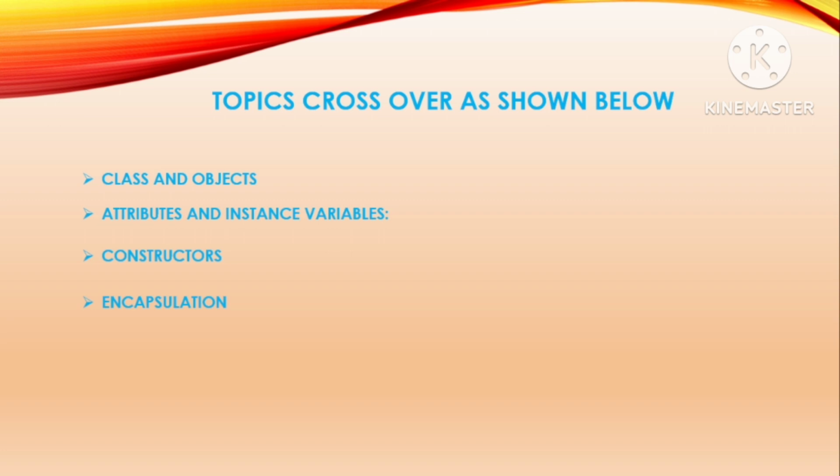The next one that we are going to see is access modifiers. Access modifiers, also known as packages, help to control the visibility and accessibility of classes, attributes, and methods. In access modifiers, we can observe that there are 4 types.